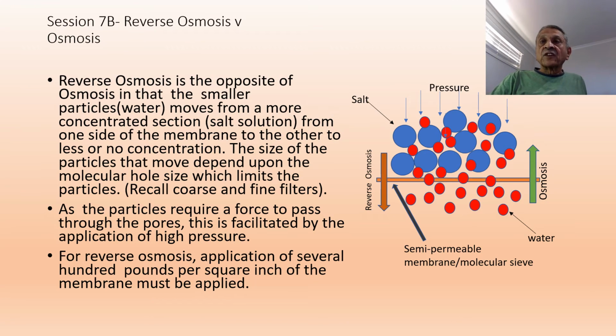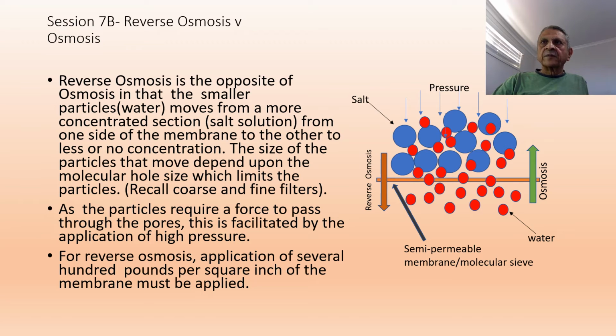So in the case of osmosis, what happens is this: the water flows into the salt. The green arrow shows that. The water flows into the salt and equilibrates.